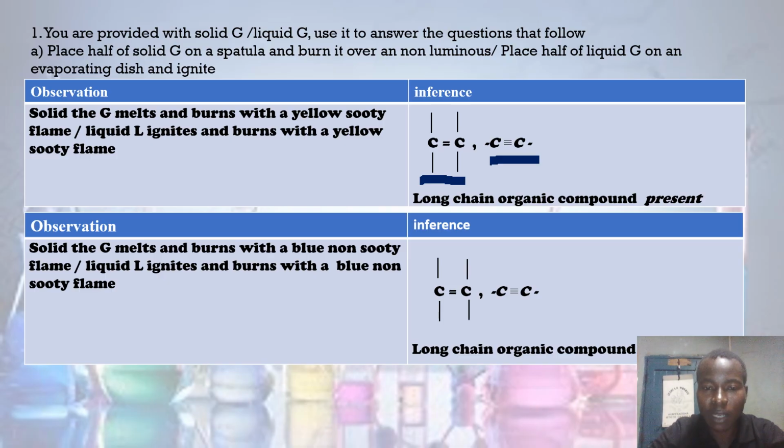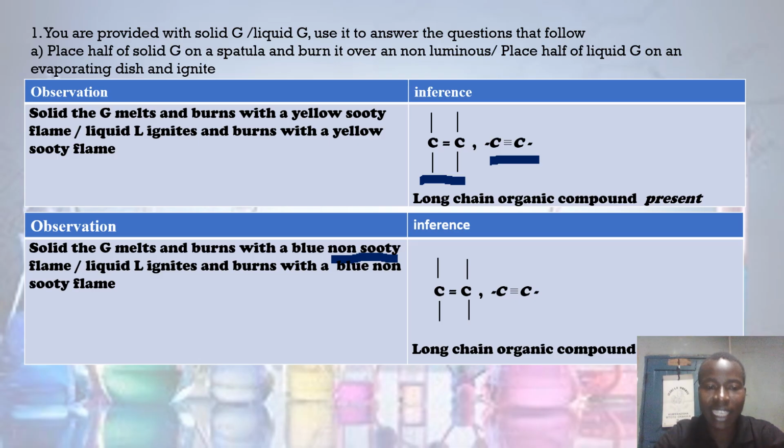This second aspect of telling whether the substance produced a sooty or non-sooty flame is very, very important. So the learner must capture that point.